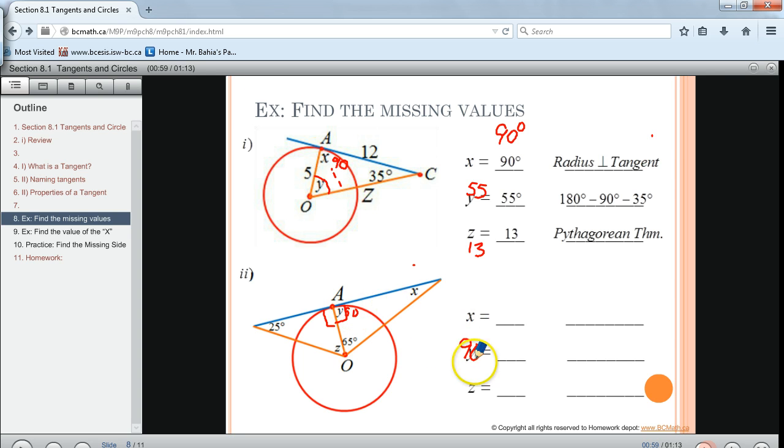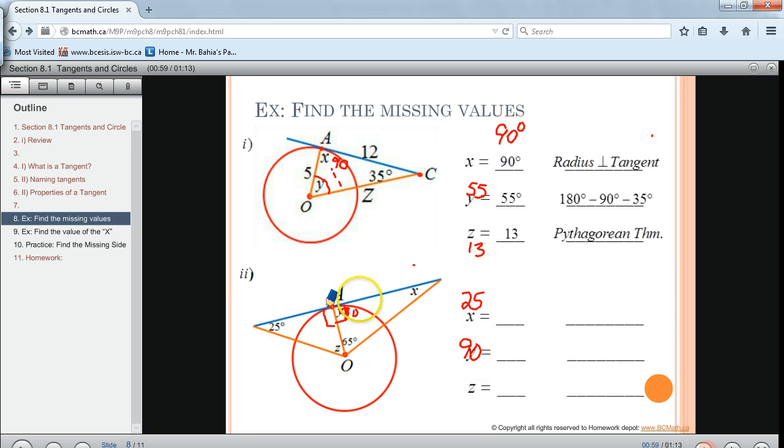You don't have to go in the order of the thing. You just write down what you know, and you can figure it out. Well, if that's 90 and that's 65, we can figure out X because, remember, angles in a triangle add to 180. What's 180 minus 90 minus 65? Do it yourself, work it out. It should be 25. So X is 25.